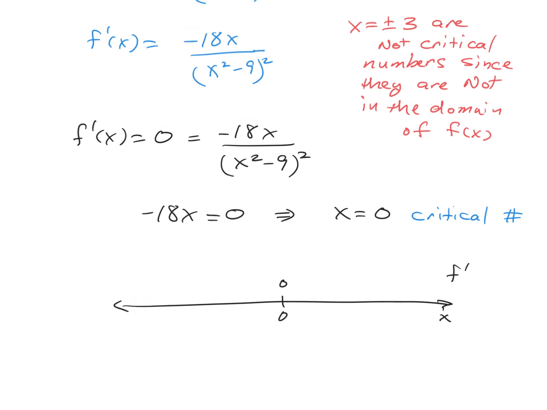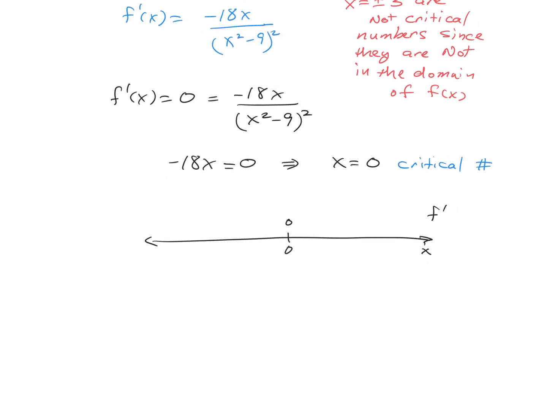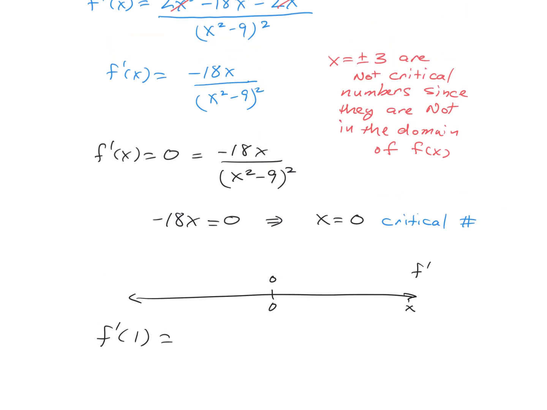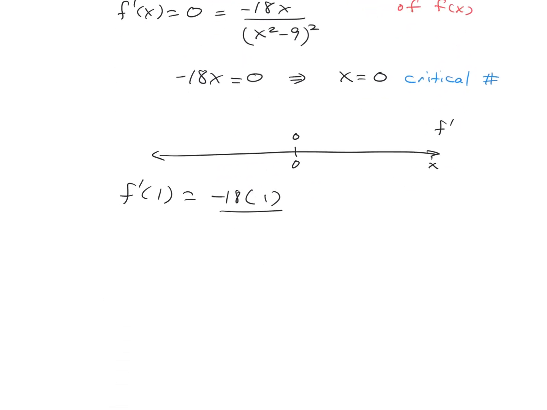So if we take a number greater than 0, such as 1, and substitute it into our derivative, we'll notice that f prime of 1 is going to be equal to negative 18 times 1 divided by 1 squared minus 9 squared, which is going to be less than 0. So for 1, we have a negative derivative.